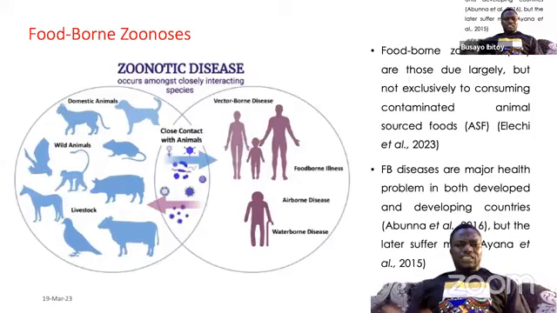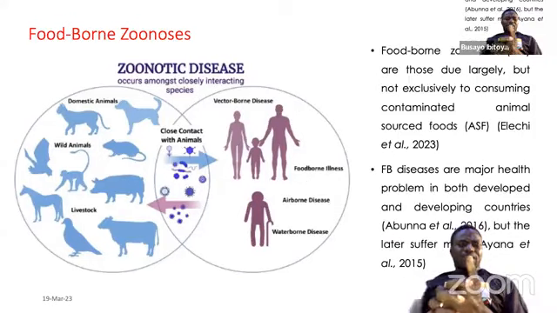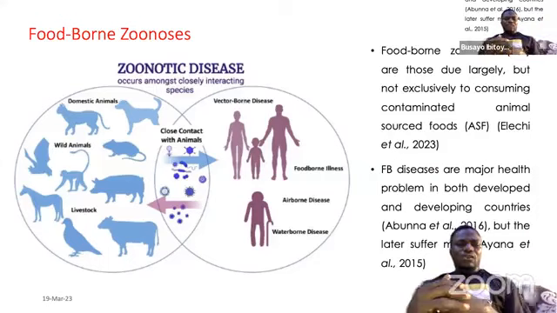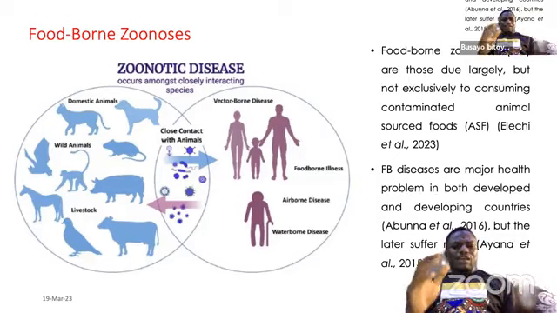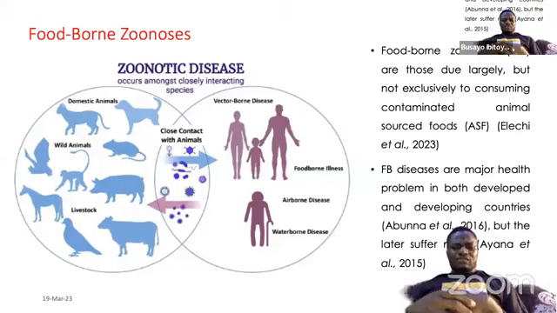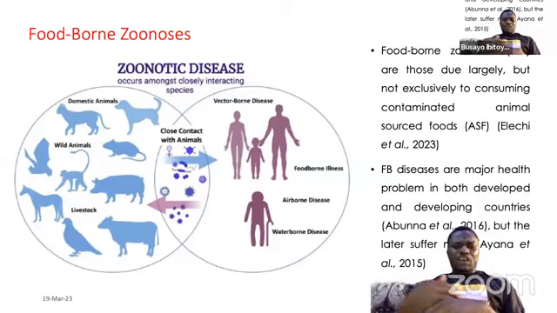This is a schematic diagram of foodborne zoonosis, showing how disease moves from animals to man, that is zoonosis, and how it can also move back from humans to animals. For zoonotic diseases, we could have waterborne disease, airborne disease, foodborne disease, and vector-borne disease.